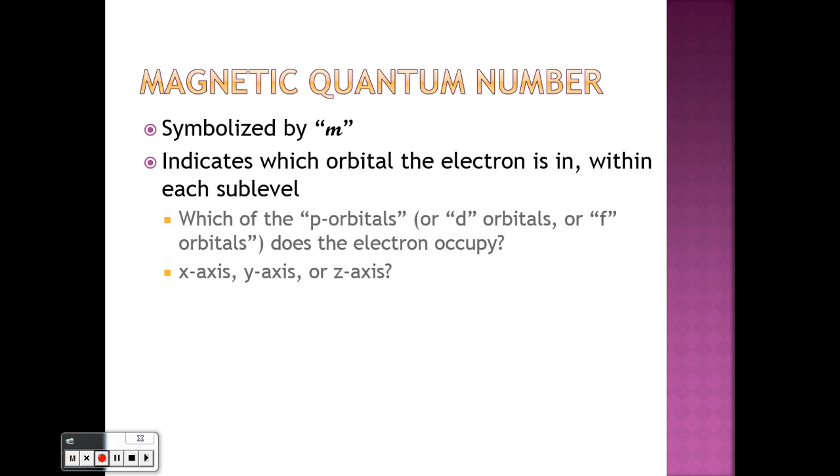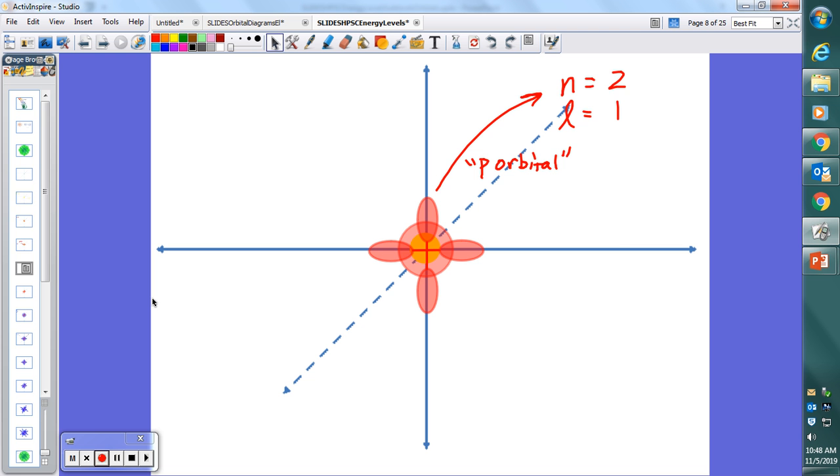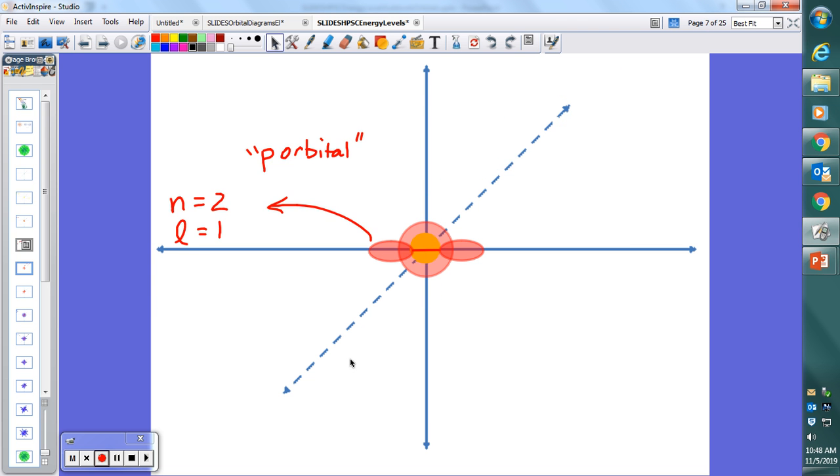Yes, sir? Yeah, we're missing one. I'm going to show you right now what that means, because it's a little confusing. Are we good with what the magnetic quantum number is describing for us? We have orbitals that look similar. If we go back to our picture right here, this orbital is a p orbital in the 2nd energy level. This orbital is a p orbital in the 2nd energy level, and this one is also a p orbital in the 2nd energy level. So we have to be able to tell these 3 apart.